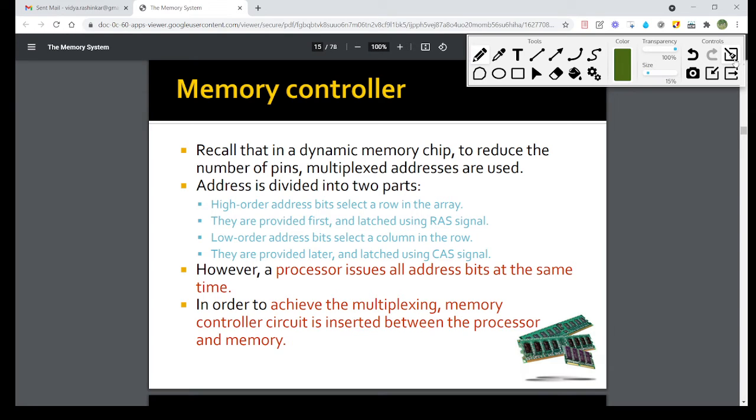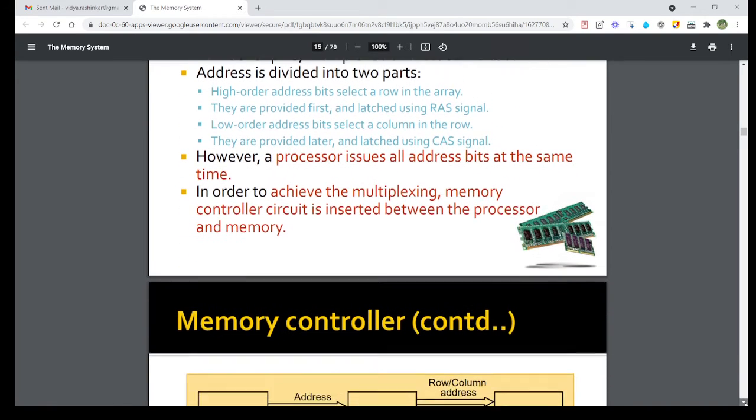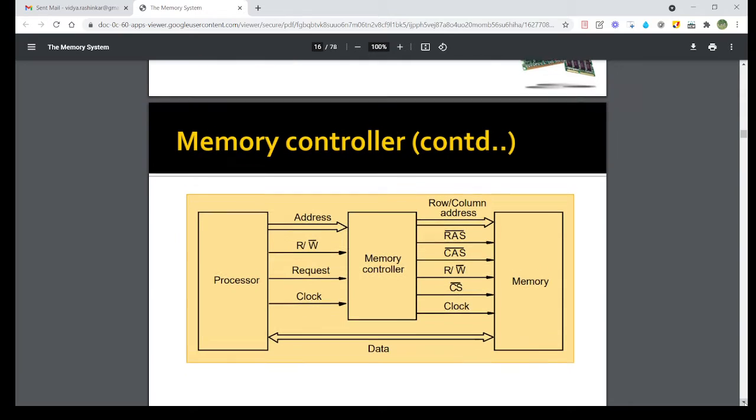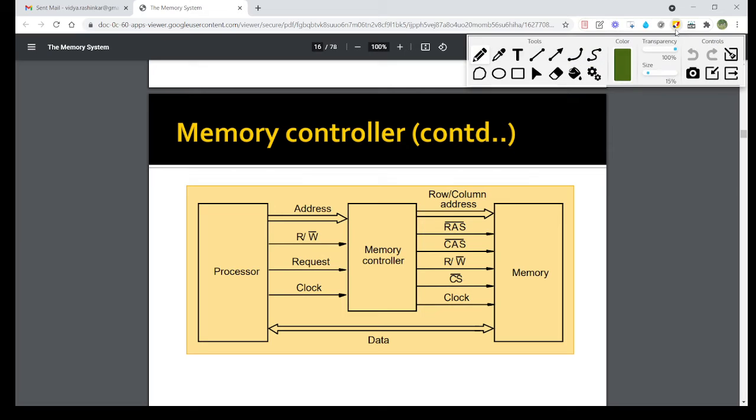Let us have a look at the diagram, where we have the memory controller placed between the memory and the processor. This memory controller acts as an interface between the processor and the memory.